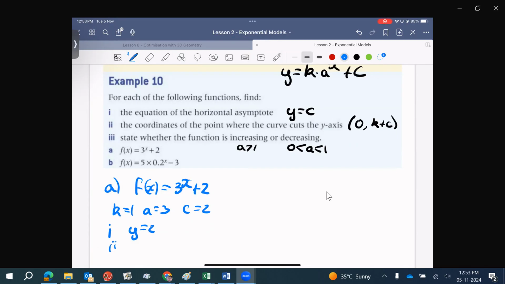The y-intercept is going to be (0, 1 plus 2), so 3. And is it increasing or decreasing? It's going to be decreasing, because a is between 0 and 1.